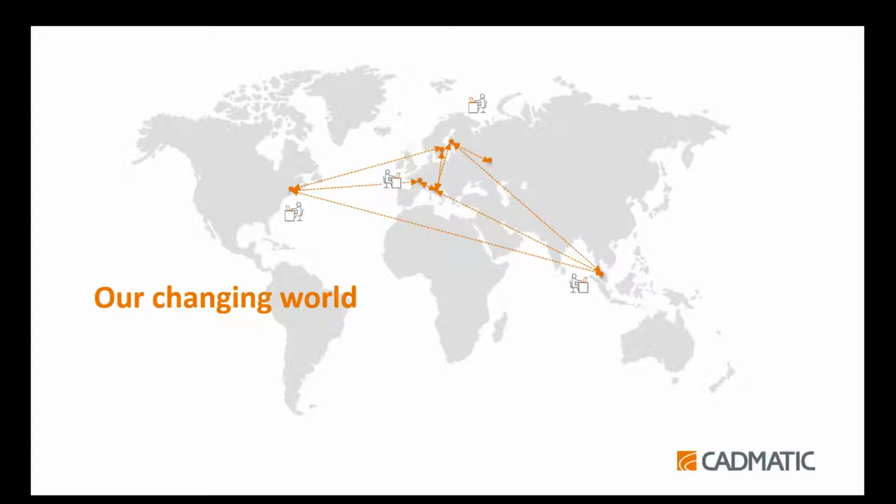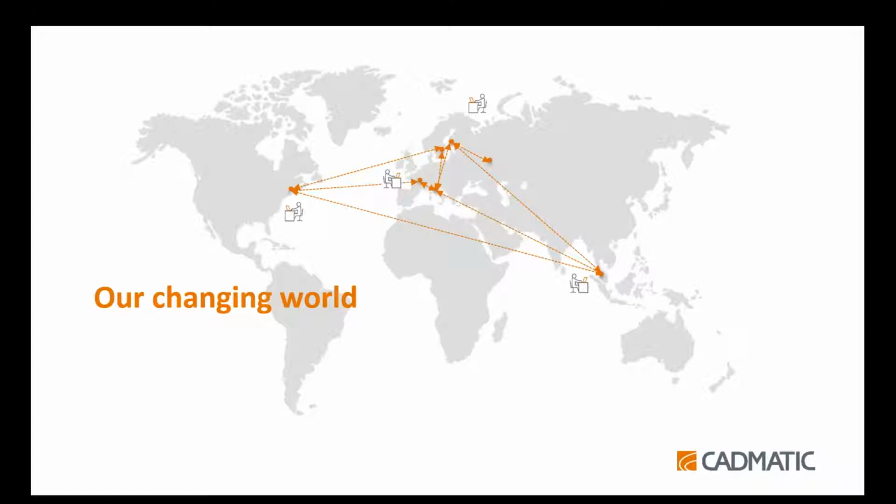Our world is changing all the time, and what has now become normal is that projects are managed distributed. So there is no need for collecting people under the same roof and in the same network and location for managing project work and design work efficiently.